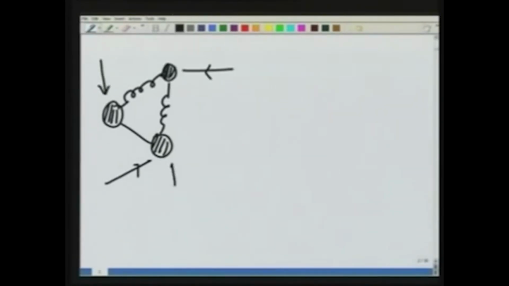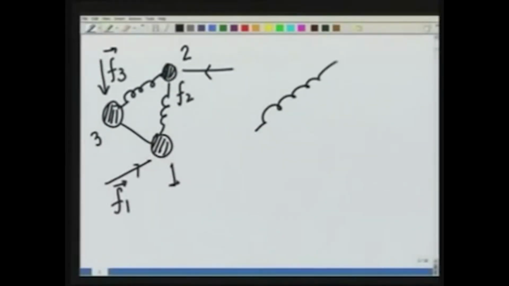Let me name this particle 1, particle 2, particle 3. Let force on particle 1 be F1, let force on particle 2 be F2, and let the force on particle 3 be F3. As we apply these forces, in the next instant I could have a different situation in which the particles could be, maybe the spring has stretched.